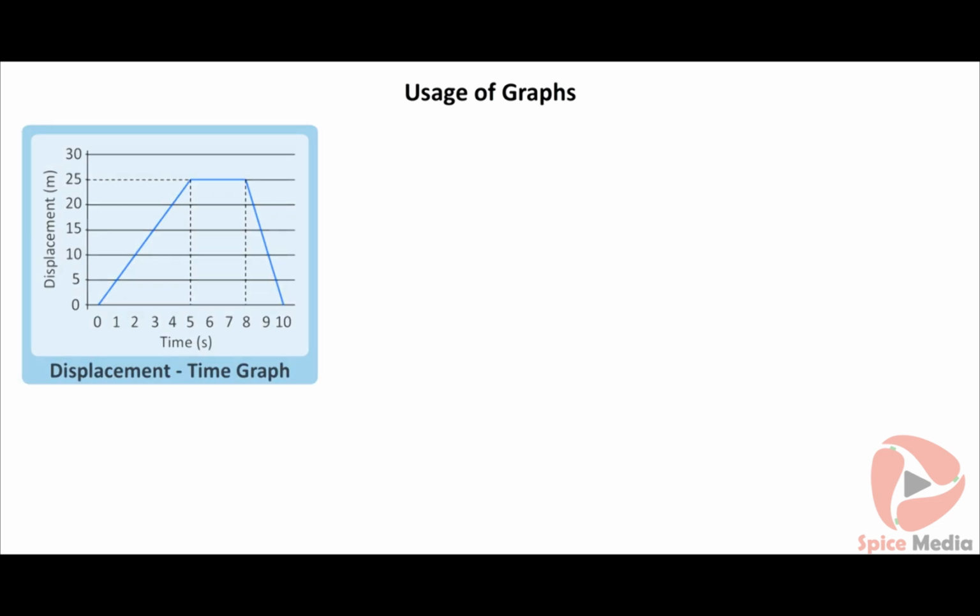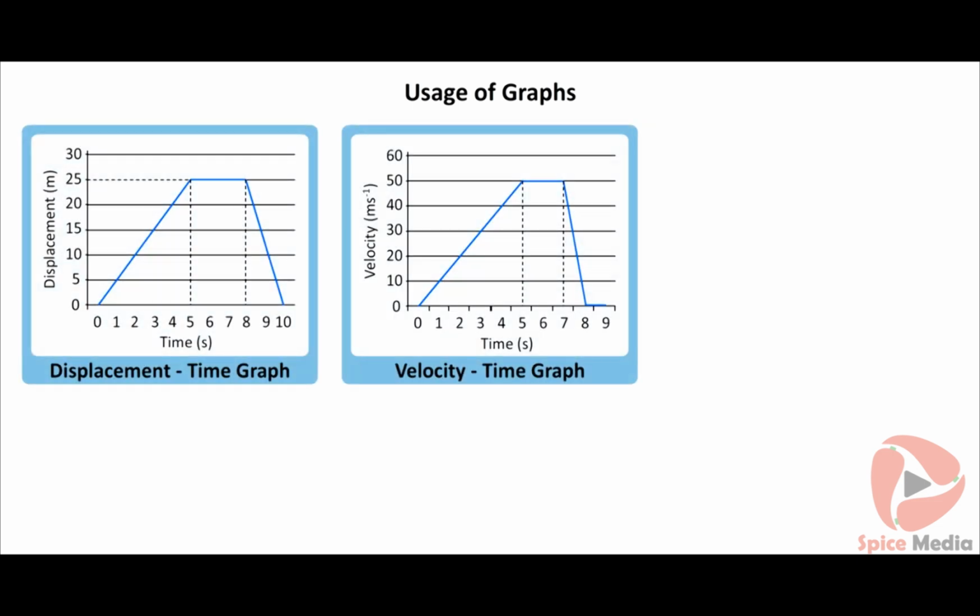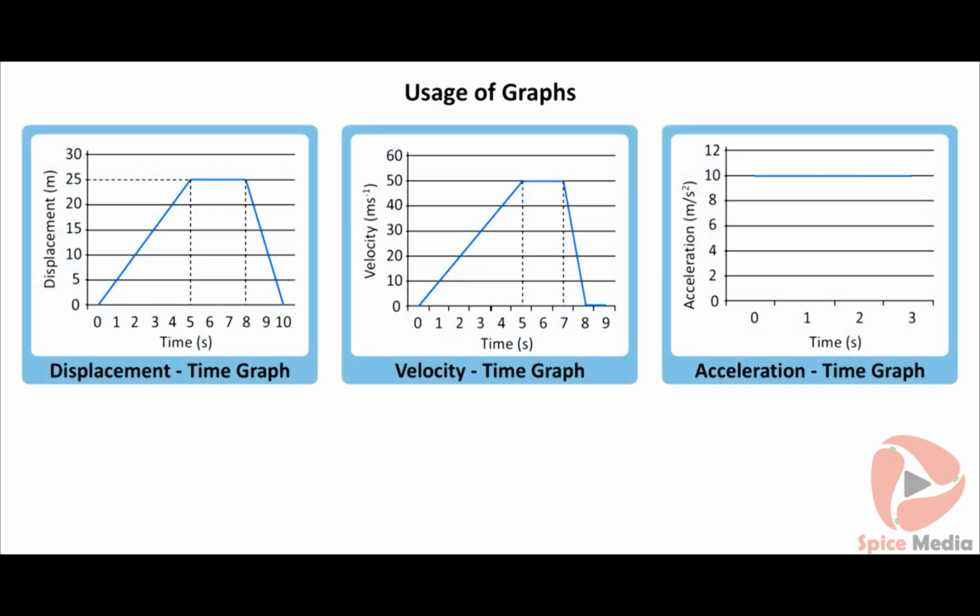A graph is a means of representing data that will facilitate a comparative study between a set of data. In kinematics, graphs are used to describe the motion of objects. We could analyze various other data from the graph. Line graphs show dependence of one physical quantity like distance or velocity on another quantity, say time.